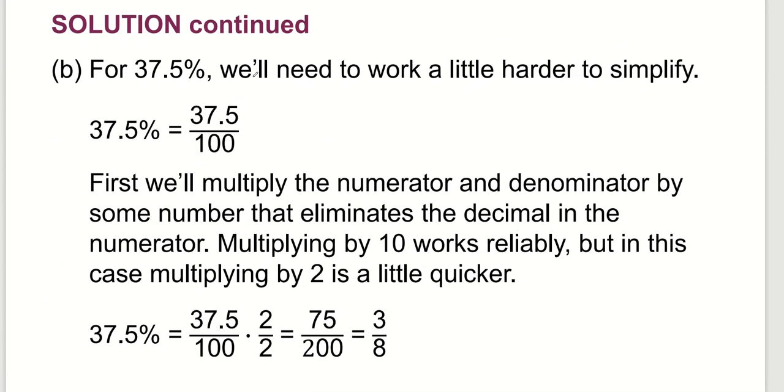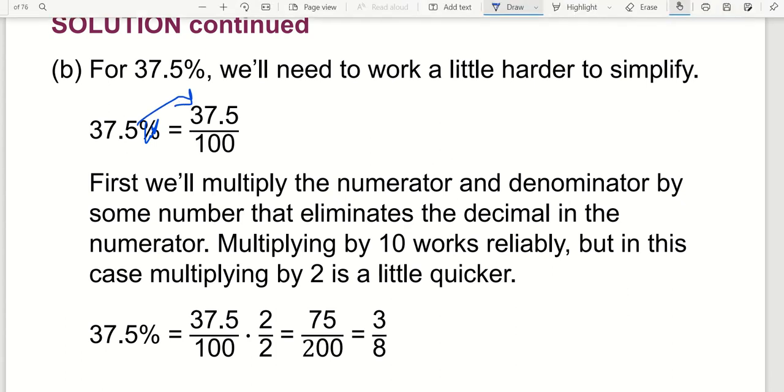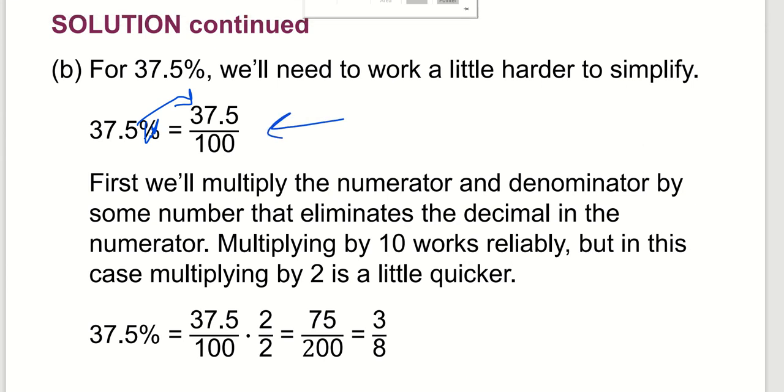Same thing for 37.5%. We want to write this as a fraction. So we throw away the percent sign, put that number on top of 100, and we get 37.5 over 100. Now, this expression might seem a little bit odd because, yes, we have a fraction, but notice that there's a decimal within that fraction.